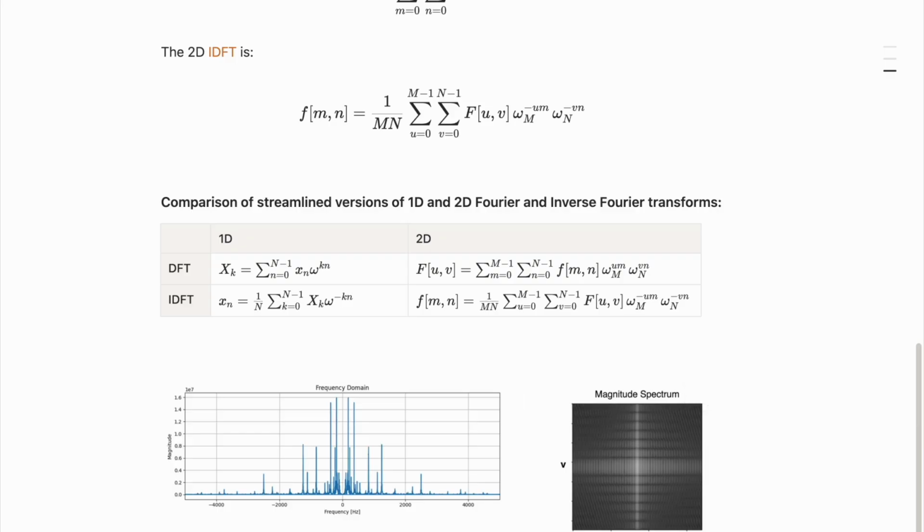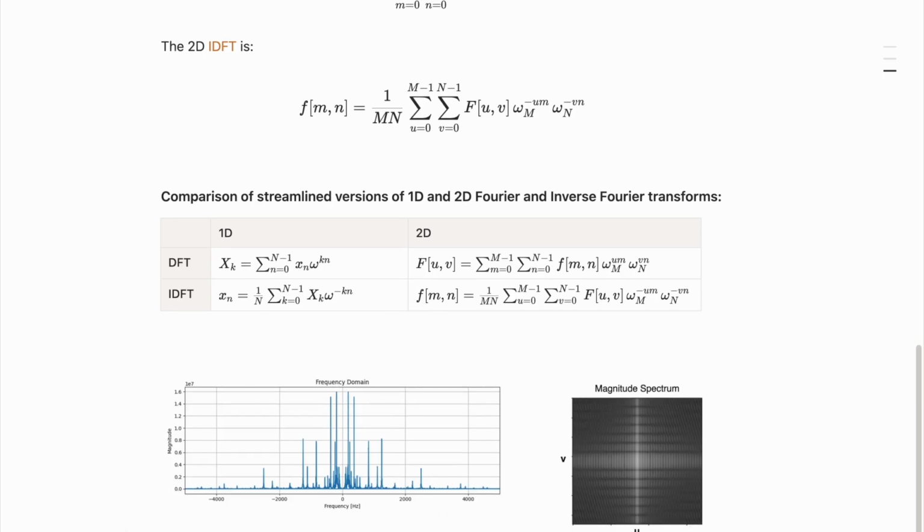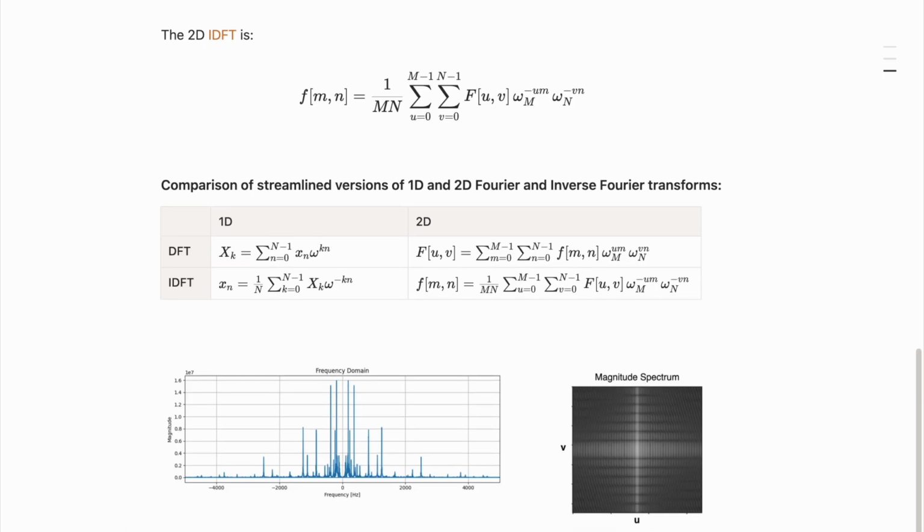Also, remember I told you before that the Fourier transform returns both positive and negative frequencies. Previously, I had only shown you the positive frequencies, but this is the actual frequency spectrum of our guitar sound signal. There's a 0 in the center, and they are symmetric across the positive and negative frequencies. The same thing is true of the magnitude spectrum.